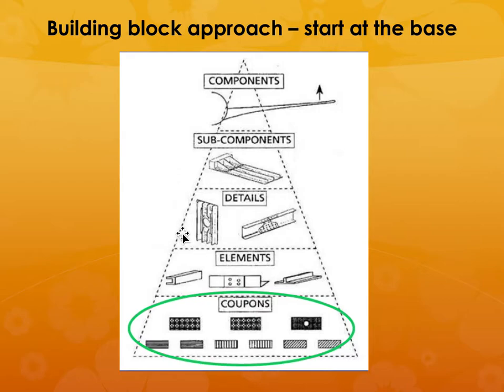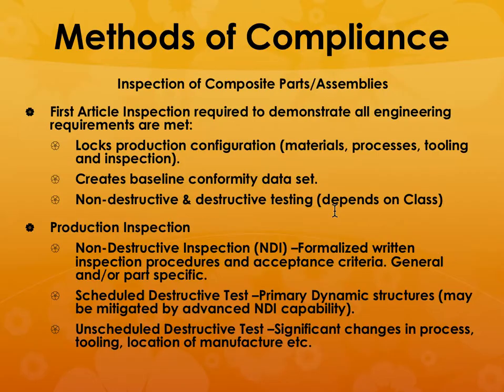Then you would inspect the dimensions, etc. Then you look at the subcomponents, and finally you would inspect and test the full component itself. Okay, so you always start at the base and then you build it up to the component level.